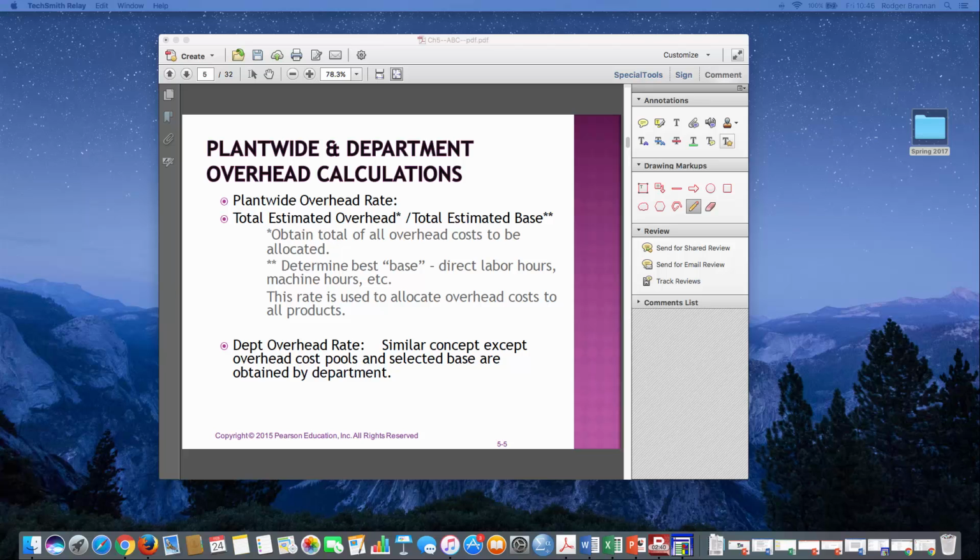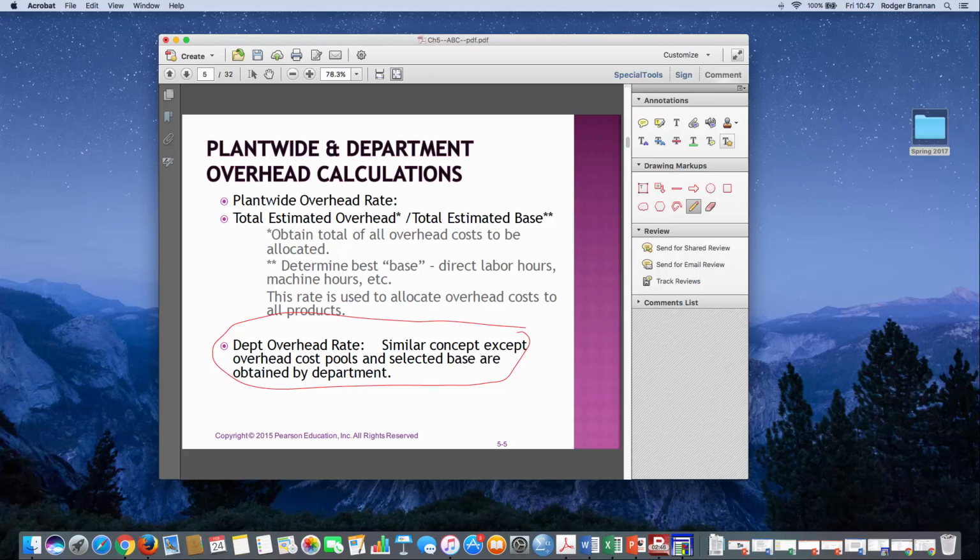Now, one intermediate variation between the peanut butter approach or the plant-wide approach versus ABC is breaking things into departments. And oftentimes that can be a very acceptable compromise, because many of the costs within a particular department may behave in the same way, and they tend to be related to a particular activity.